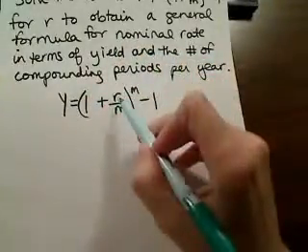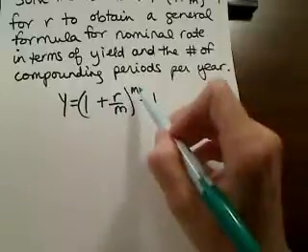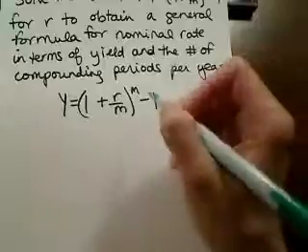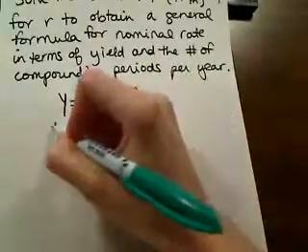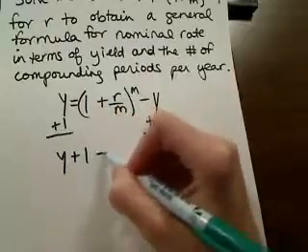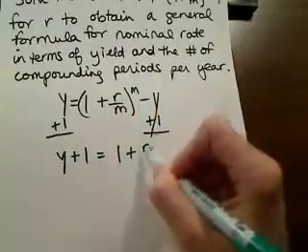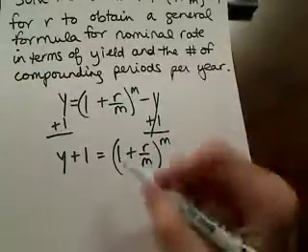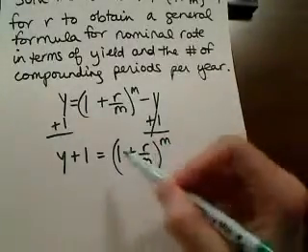The r is right here on the inside of these parentheses that's raised to this power. So the first thing that we're going to have to do is take the 1 to the other side so that we can isolate that term. So we'll have y plus 1 equal to (1 plus r over m) to the mth power. Okay. Now what we need to do is take the mth root.